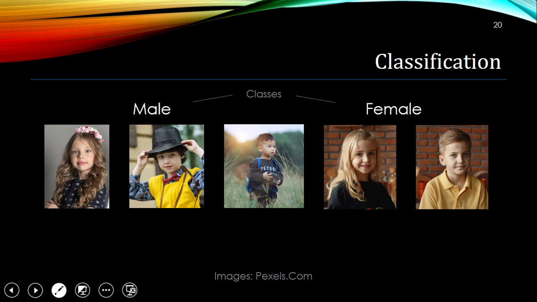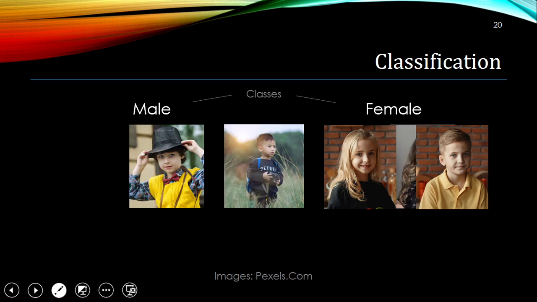Now there are two classes, male and female. This is a binary classification problem. The system has to check each and every image and it should mark whether it is male or female.